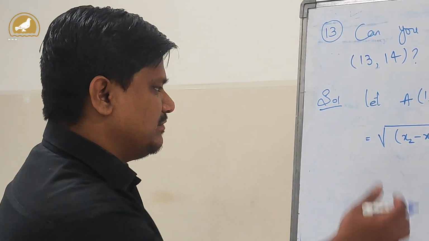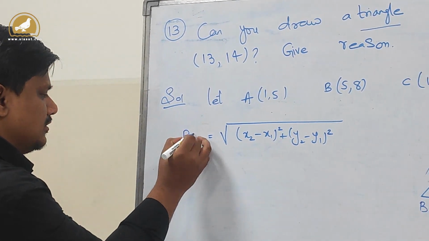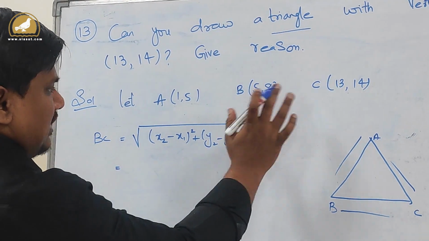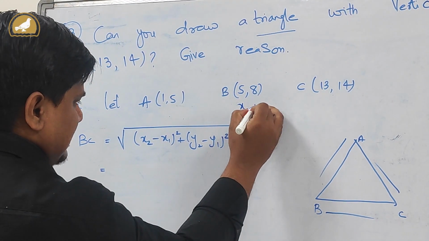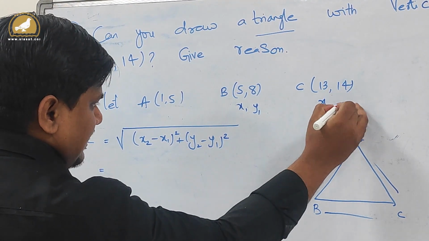Now we'll calculate the value of BC. B will become x1, y1 and C will become x2, y2.